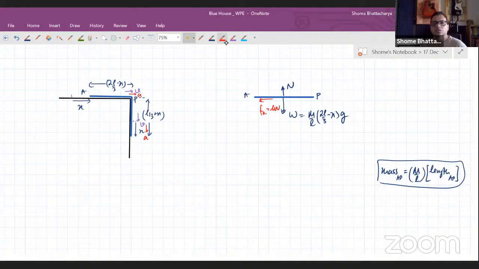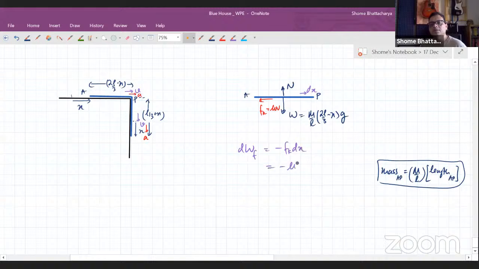Okay. So now if this portion goes through a small displacement of dx in this direction, the work done by friction for that small displacement will be minus of this into this. So that will be minus mu n into dx. So that will be minus mu into the weight.